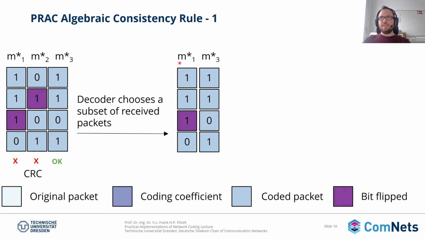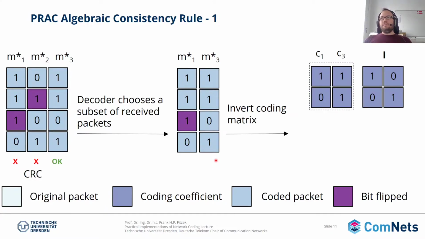In this case, the subset will be of size 2 because our generation is 2, and we will choose the one packet that we know is correct because the CRC was okay, and then we will choose randomly one of these two incorrect packets. In this case, let's choose M1*. So this is the first step. We choose these two packets.